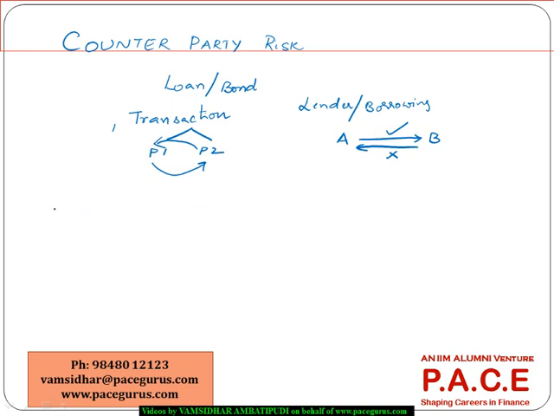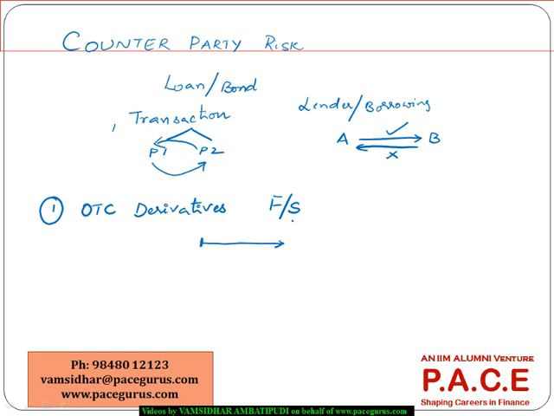Generally, it occurs in two major kinds of transactions. One is the over-the-counter derivatives transactions. In over-the-counter derivatives, probably it could be the forwards or swap kind of contracts, where one party is paying something.